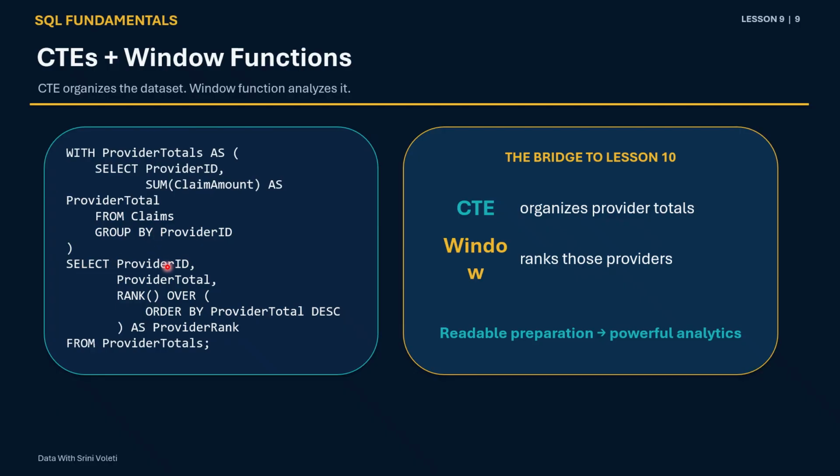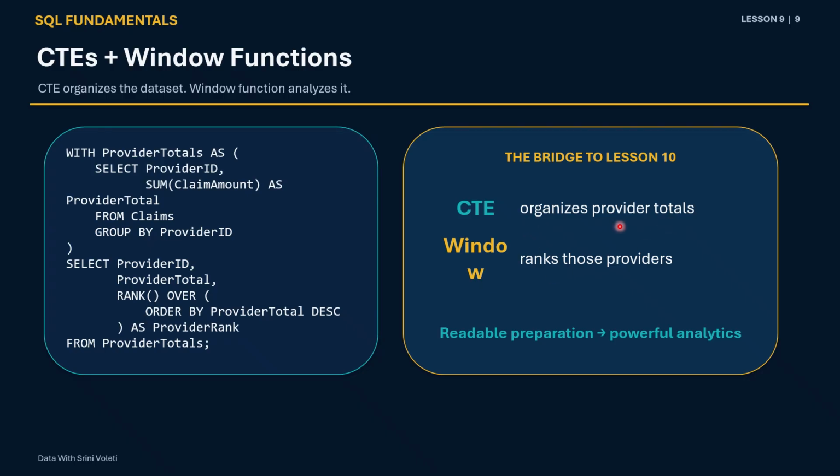We keep provider ID and provider total, but we add RANK OVER ORDER BY provider total descending. Do not worry if rank syntax is new. That is lesson 10. The important idea today is division of responsibility. The CTE prepares the data set. The window function analyzes the prepared rows.